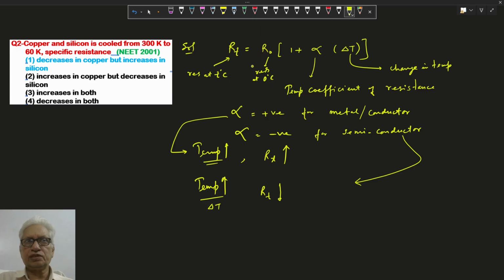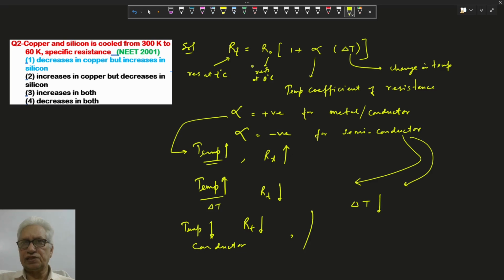So here in the question, the temperature decreases. If we decrease the temperature, resistance decreases for conductors, metal conductors, and for a semiconductor, if we decrease the temperature, resistance increases.